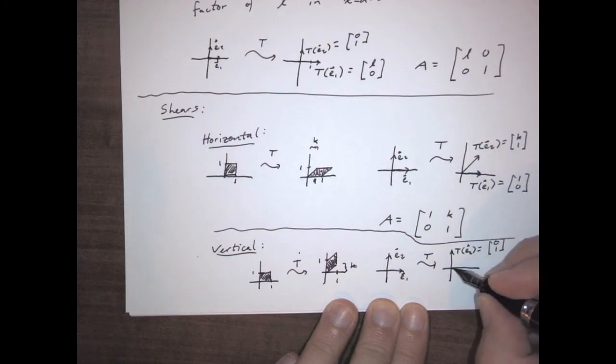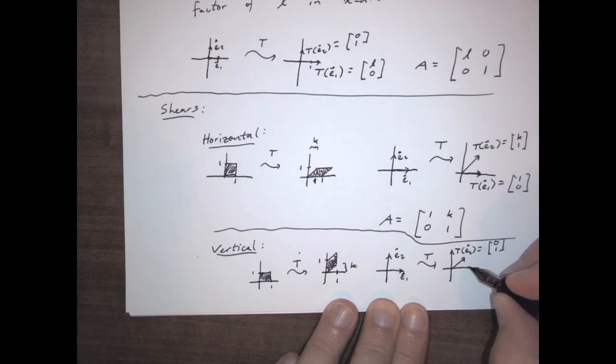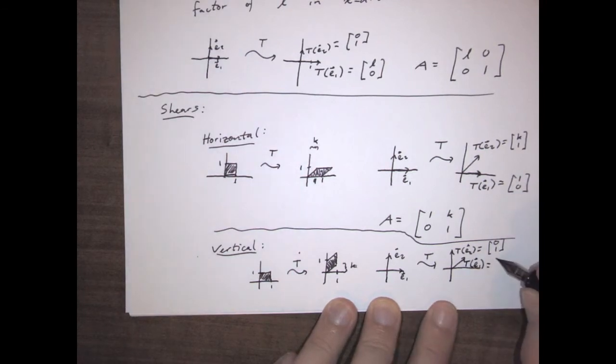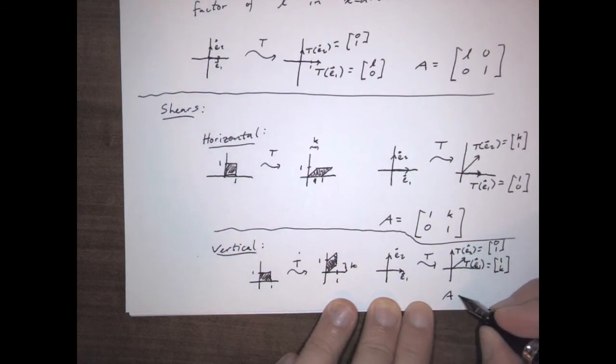However, E1 will now be going this way, which will then be pointing 1 in the x direction and k in the y direction, which makes the matrix now 1, k, 0, 1.